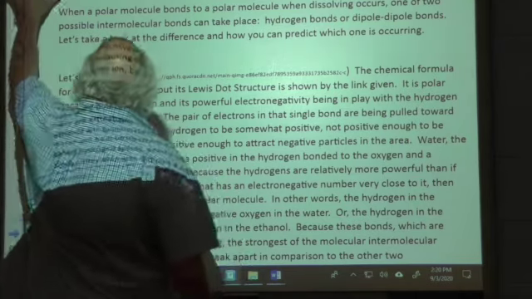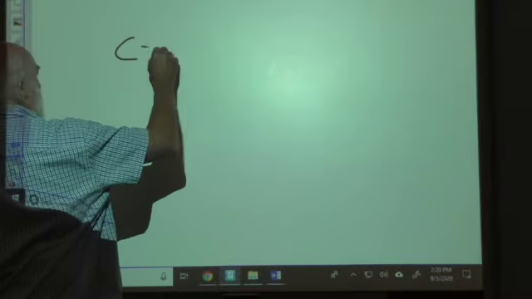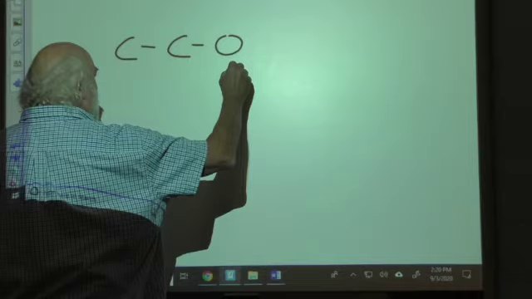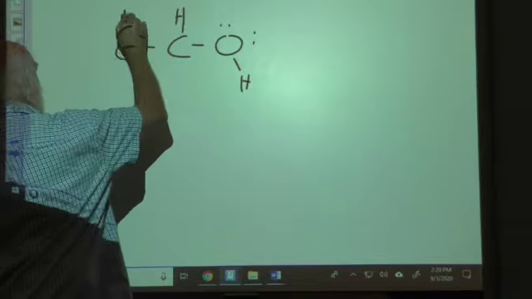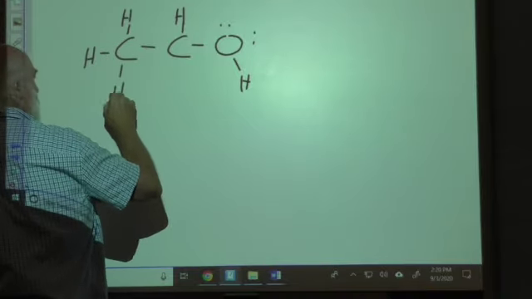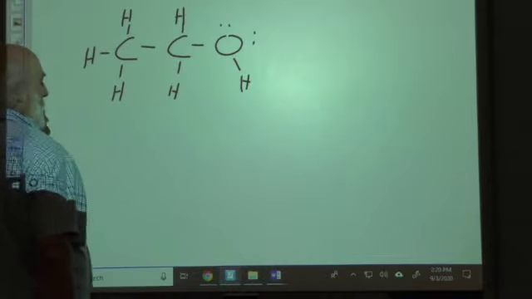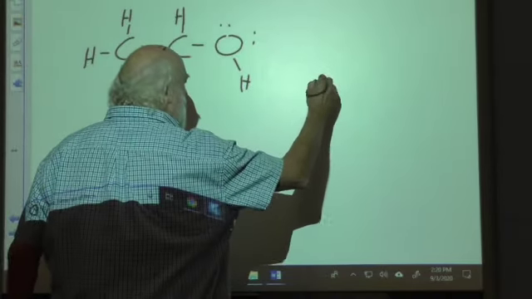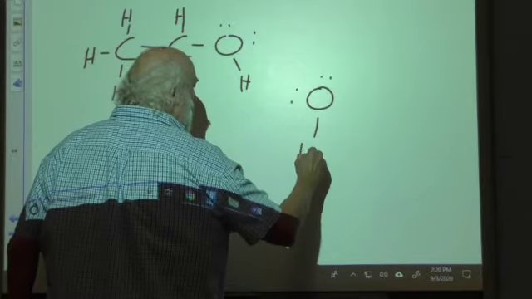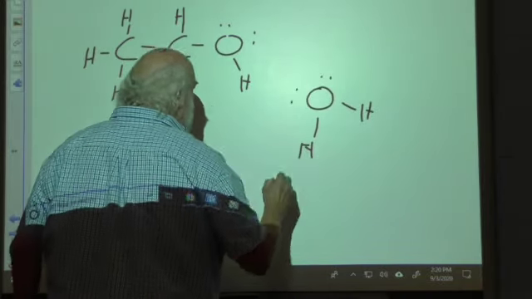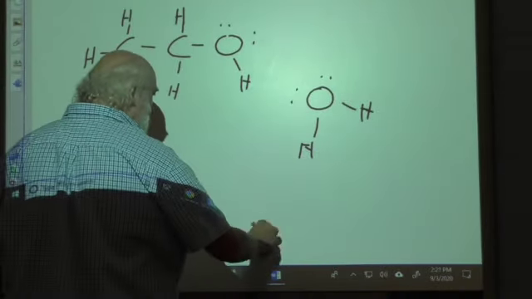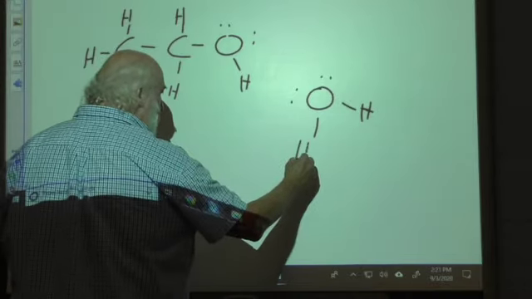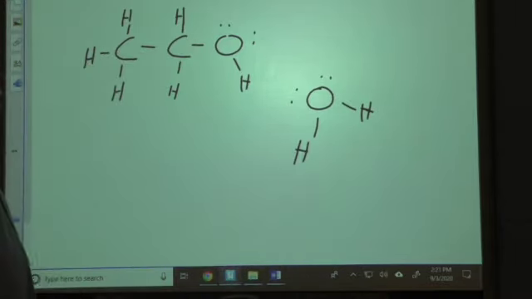Here's what that means. More beautiful drawings on my part here. So let's take a look at really what ethanol should be looking like. This is ethanol here. 2 carbons, all these hydrogens, and now you got this thing right here. Water comes along. Oh, it does my heart good to see water drawn so beautiful.